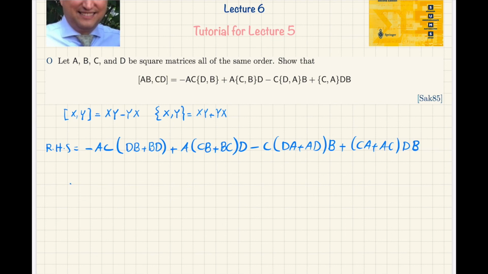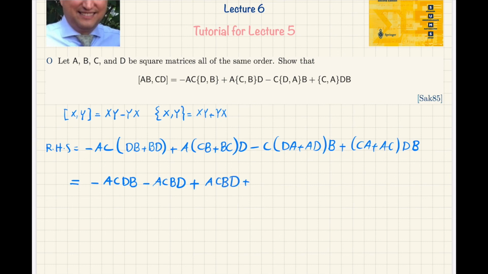And then I use this distribution of multiplication over addition. This becomes minus ACDB minus ACBD. I am not allowed to interchange any two matrices at all. So here, for example, if I want to multiply, I need to respect the order. A should be multiplied from the left and D should be multiplied from the right. So this gives me ACBD.